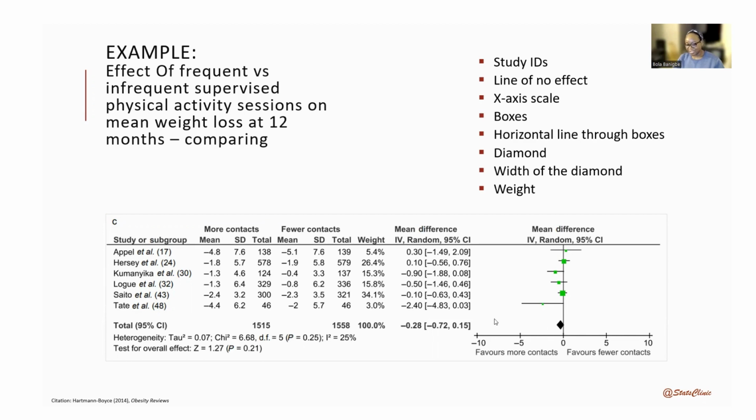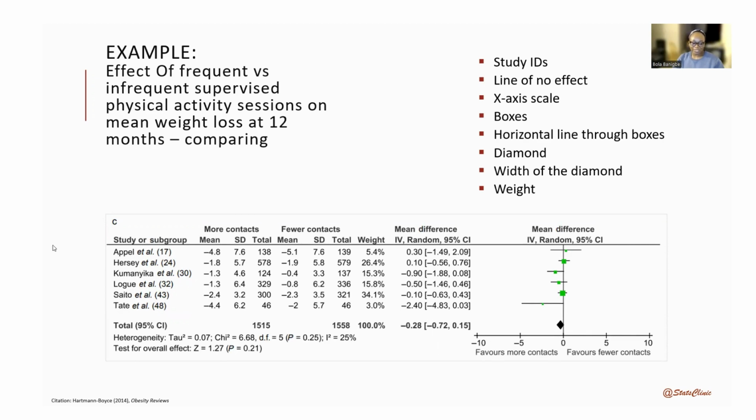It might not be very obvious in the picture, but if you look at the numbers, it crosses the line of no effect a little. So it appears that there is a difference in the mean weight loss between the two groups, but it's not statistically significant, right?